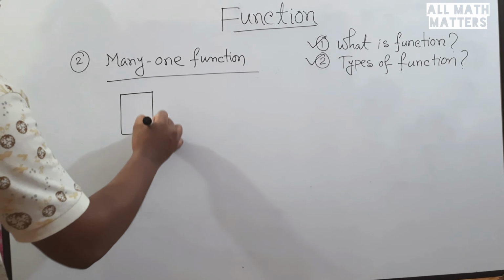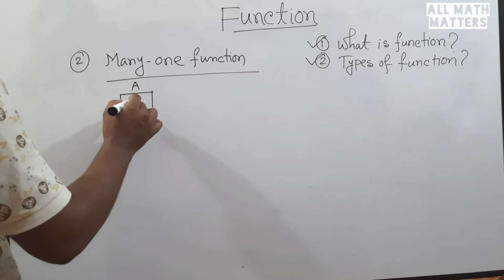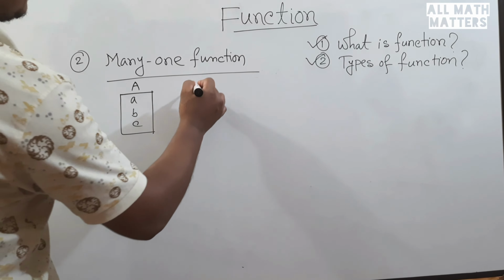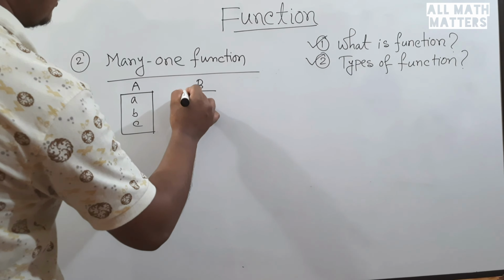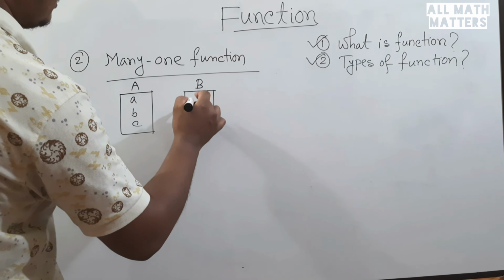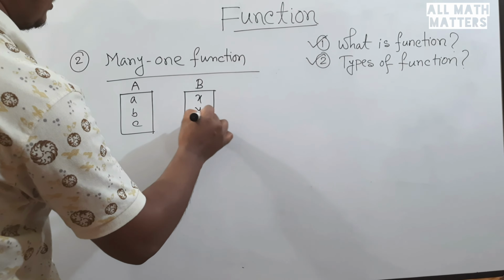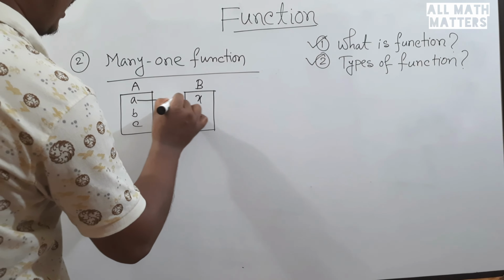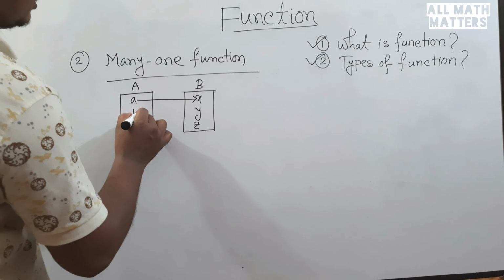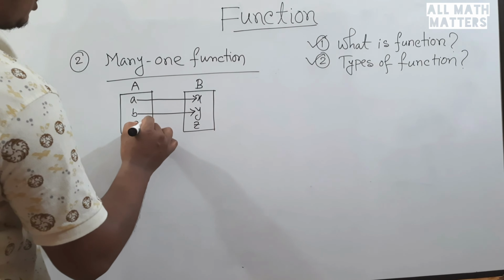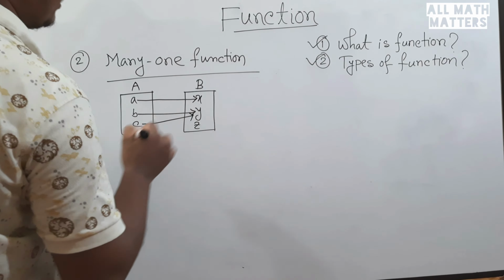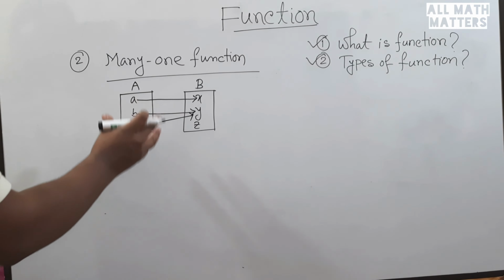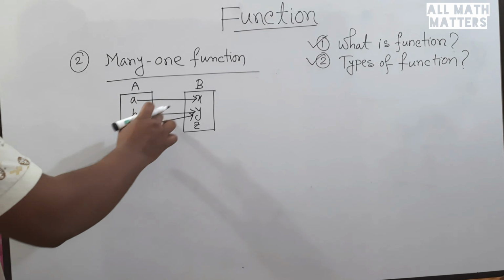Let's say set A, the elements of set A are A, B and C, and another set B, the elements of this set are X, Y and Z. So if for input A we get X, for input B we get Y, and also for input C we get Y, then this function is called a many-one function.